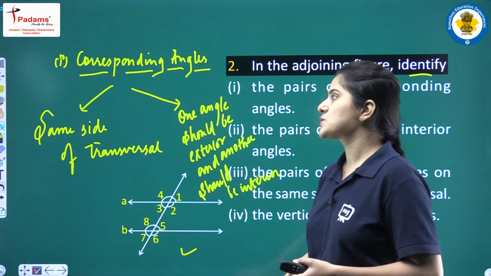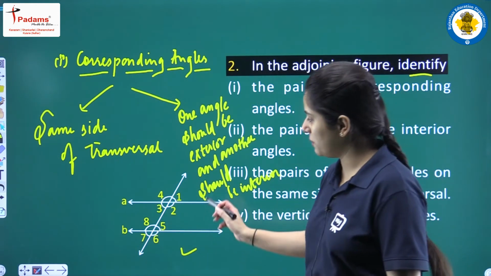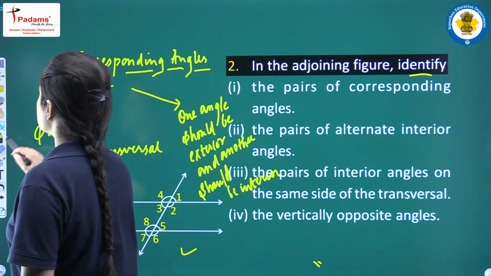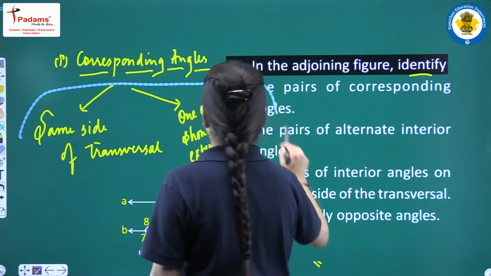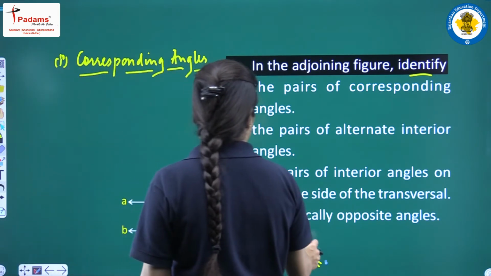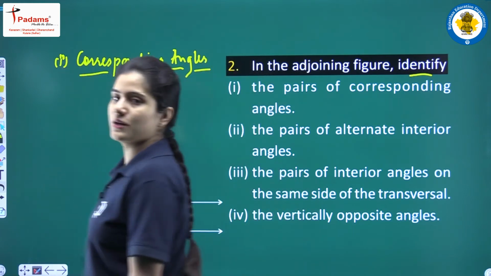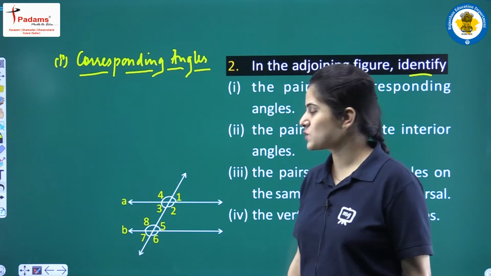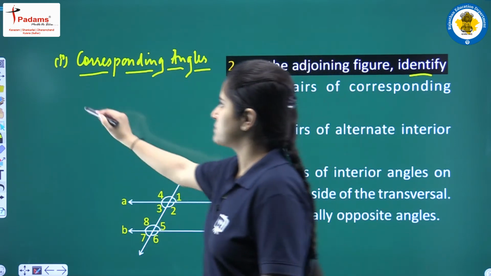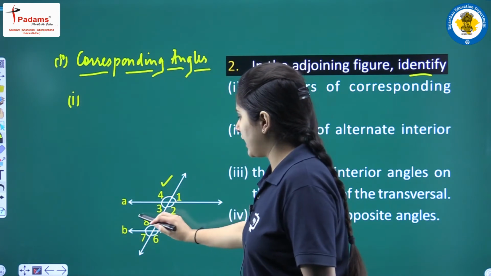Okay students, so firstly we are going to identify the corresponding angles from this particular figure. Just have a brief review of what corresponding angles are, and think in your mind what the corresponding angle pairs are in this figure. Have a look at this figure students. So corresponding angles, first pair, angle 4 and angle 8.